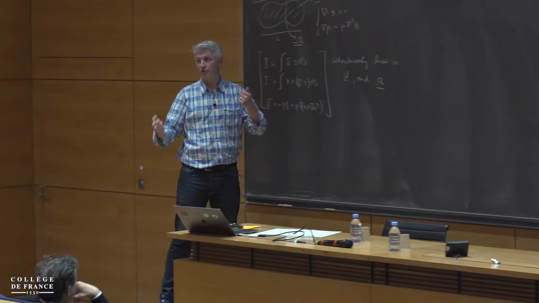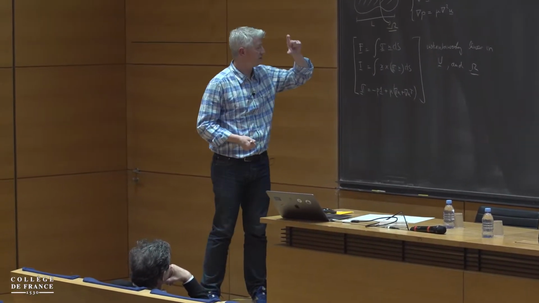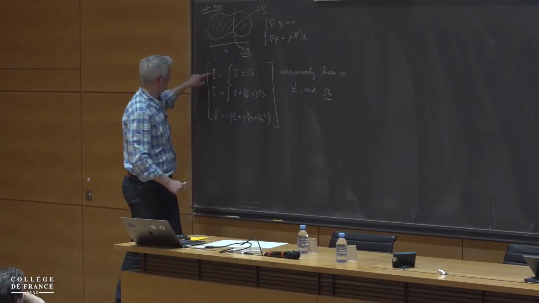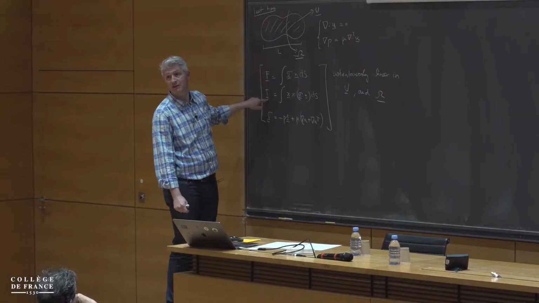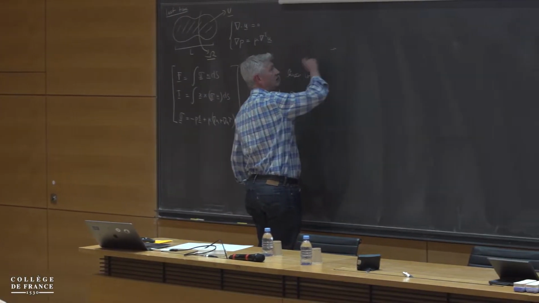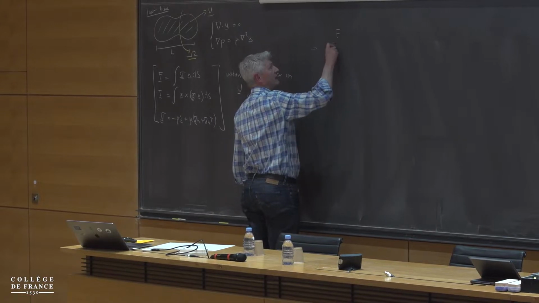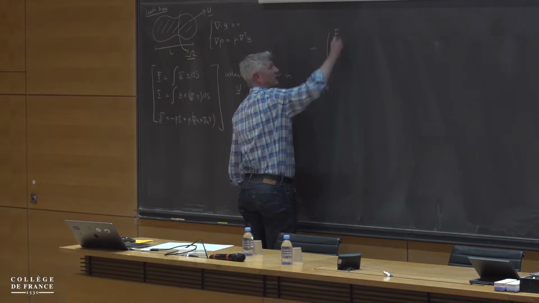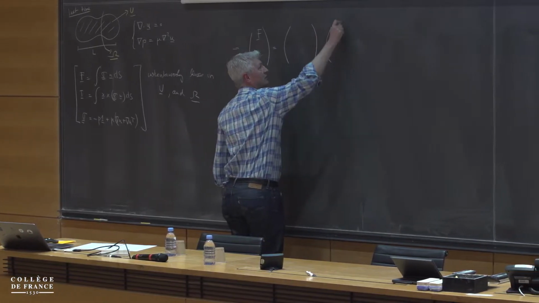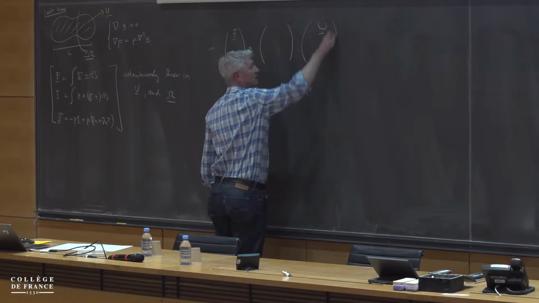Therefore, if I give you two vectors, a vector of size 3 u and a vector of size 3 omega, and I want to get a vector of size 3 f and a vector of size 3 t, the torque, and those are linearly related to one another, that means that I can write, in general, the force and the torque instantaneously as some big matrix which relates it to u and omega.